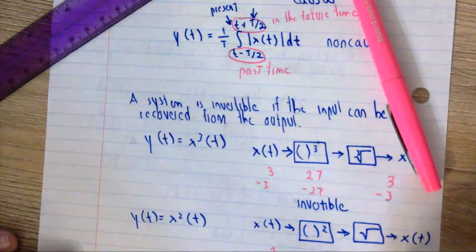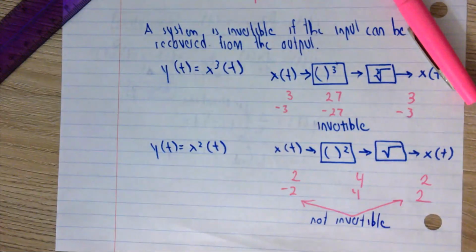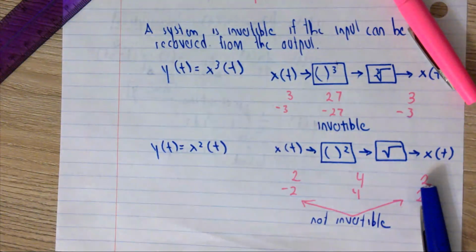Okay. Oh, sorry, forgot to just show you guys. Now that we talked about that, we're going to talk about whether a system is bounded or not. Remember that a signal is bounded when the signal goes on and on, but stays under a constant. It doesn't go to infinity or negative infinity.